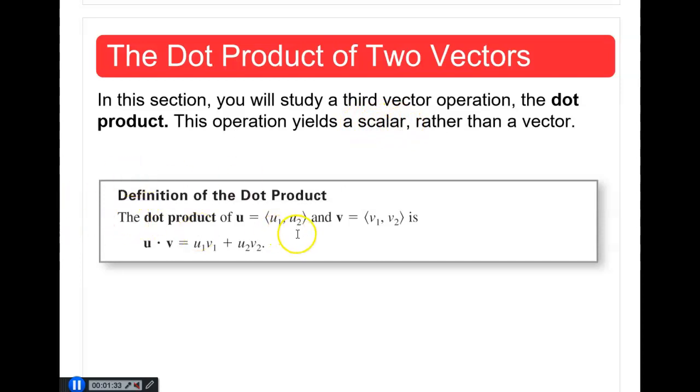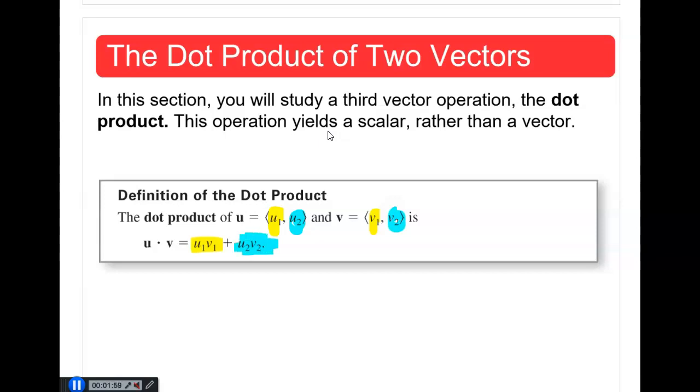So if we have two vectors, as you can see here, vector u and vector v, the dot product between those two is going to be the product of the horizontal components first, as you can see here, and then we're going to add the product of the vertical components, as you can see here.